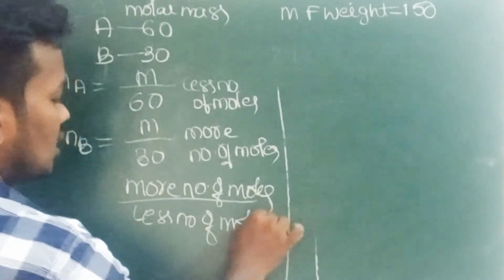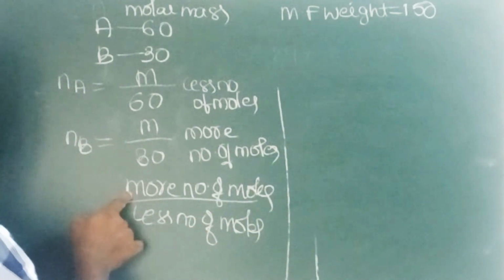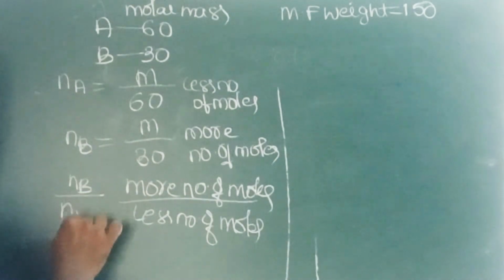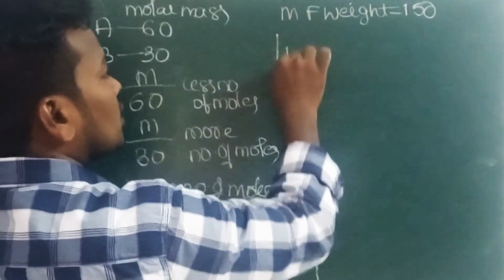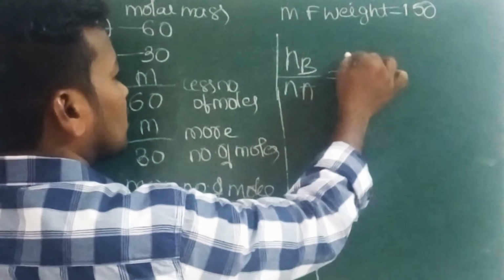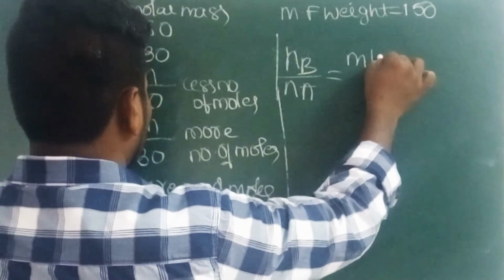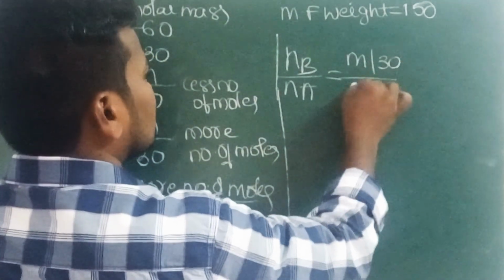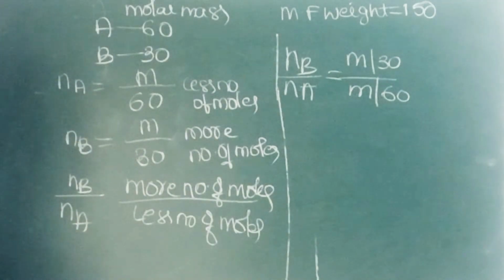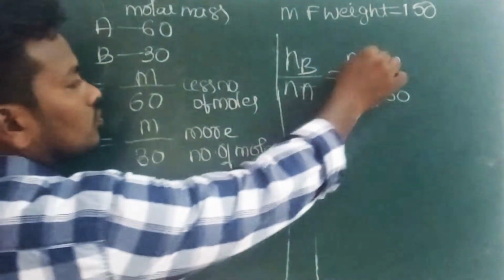Every time we do this, we get the ratio. More number of moles is Nb, less number of moles is Na. So Nb upon Na: Nb is m by 30, Na is m by 60.